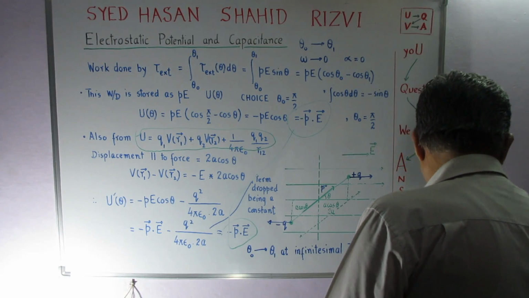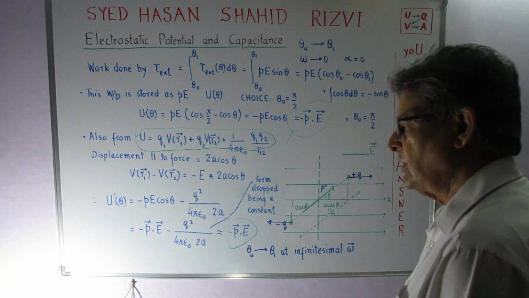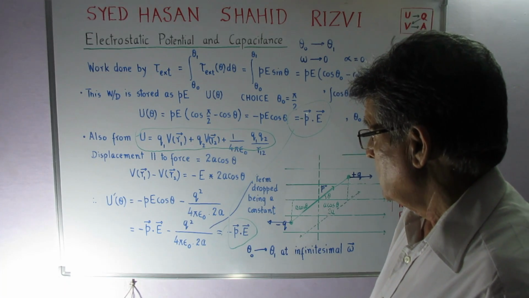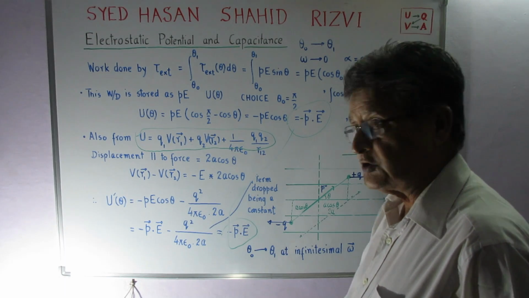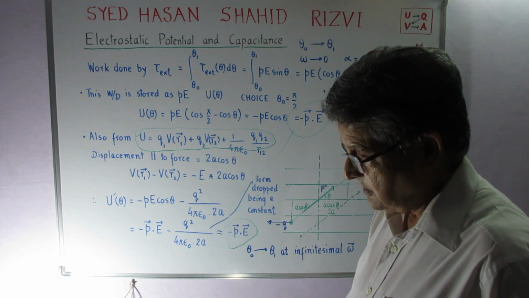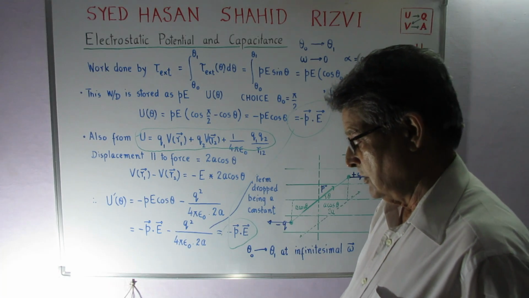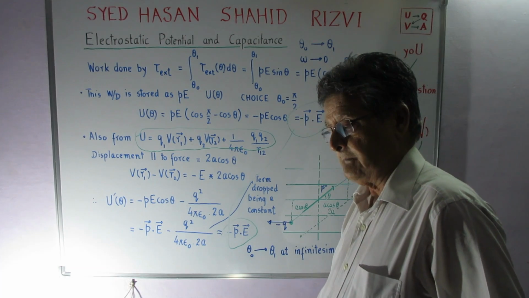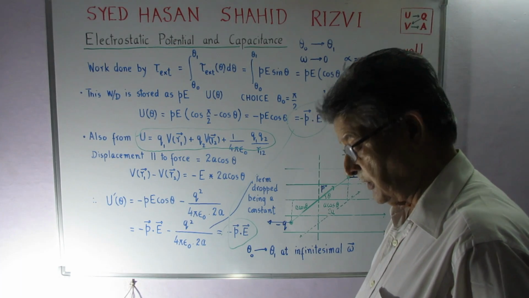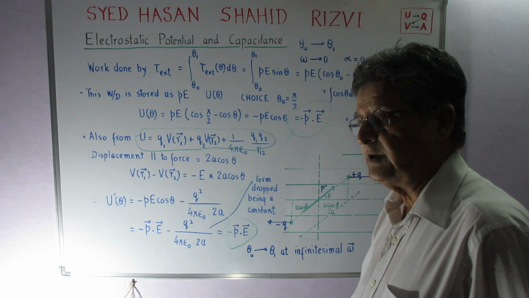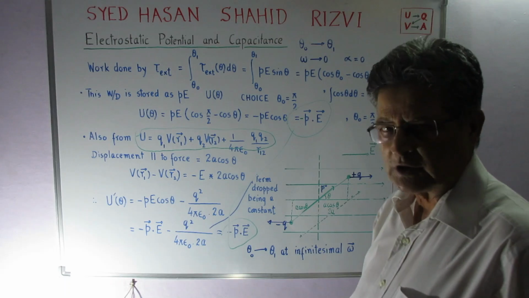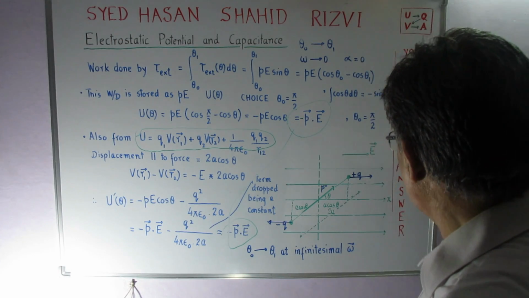Next we'll talk about the electrostatics of conductors and learn various things which are very important to us for application when conductors are present. Then I will also talk about non-conductors when they are present, and what we will talk about is dielectrics also.